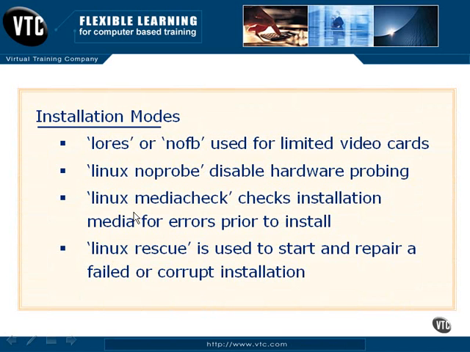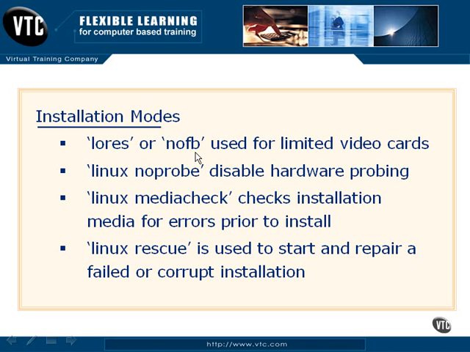Some of the other less popular or less frequently used installation modes include low-res, no-FB, Linux no-probe, and these are basically just various options that will allow you to install if your existing hardware is not the optimal hardware for the distribution you're installing. For example, the no-FB will disable frame buffers when the video card is a very old video card and might not support that feature.